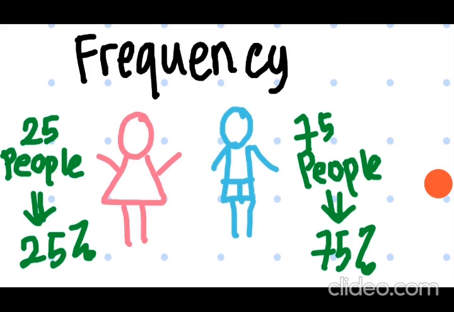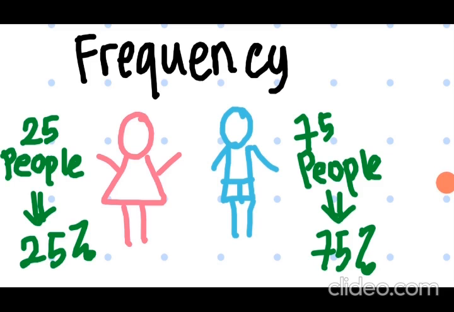And our next material is frequency. Frequency is a group of qualitative data that shows the number of observations in each class. Frequency exists as numeric data from each qualitative data. The interpretation of frequency data is translating the numeric data into a descriptive sentence.